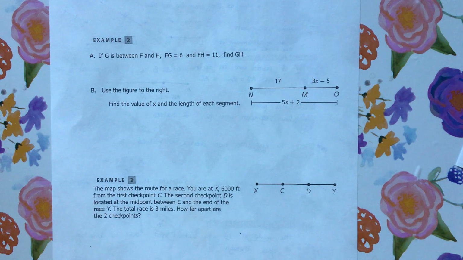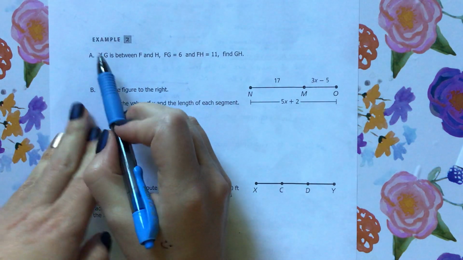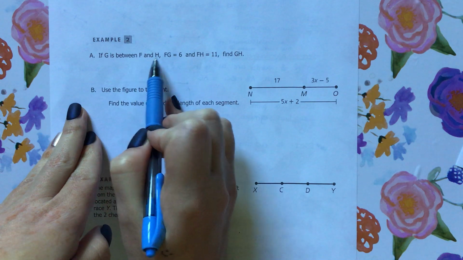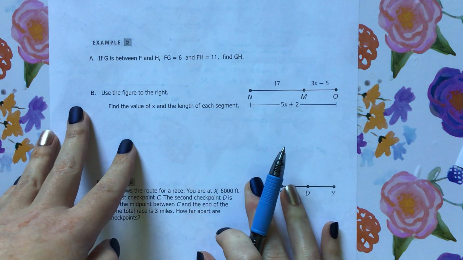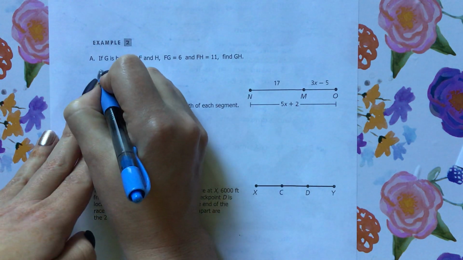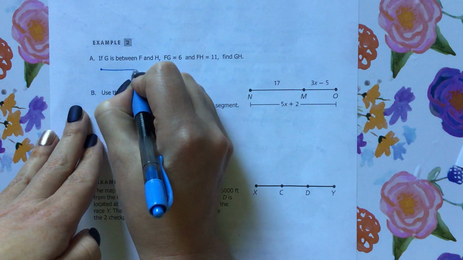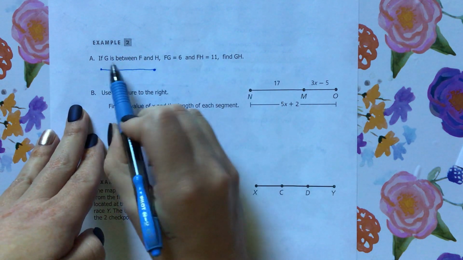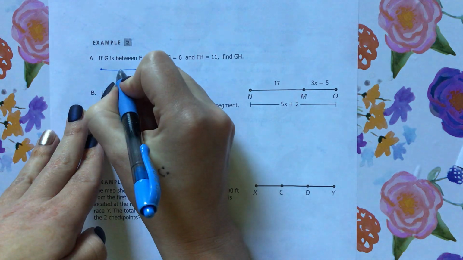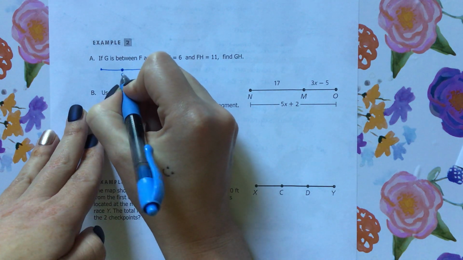Next, example 2, it says if G is between F and H, and FG is equal to 6, and FH is equal to 11, find GH. Okay. Draw out what you know. G is between F and H, and if you don't get it perfectly to scale, it's fine. So we have these points, and we know G is in the middle somewhere.